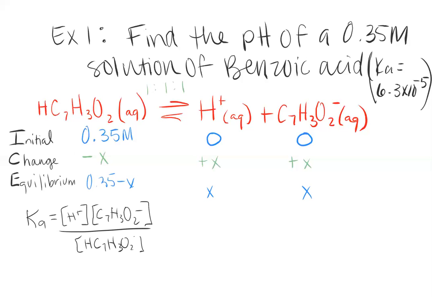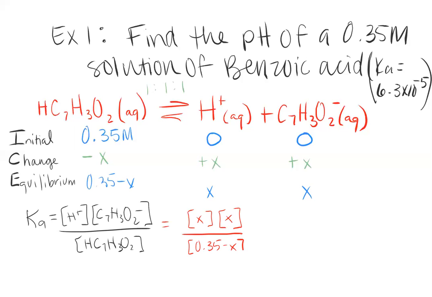Okay, so now we're going to plug numbers in. So we know that that should be equal to, well, our H plus concentration is X from our chart here. Our C7H3O2 negative concentration is also X from our chart here. And then on the bottom, our HC7H3O2 is 0.35 minus X.